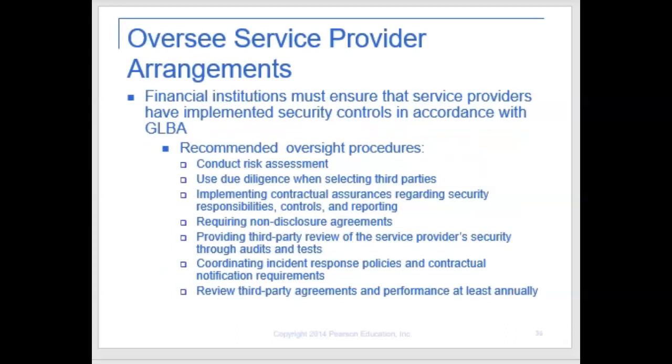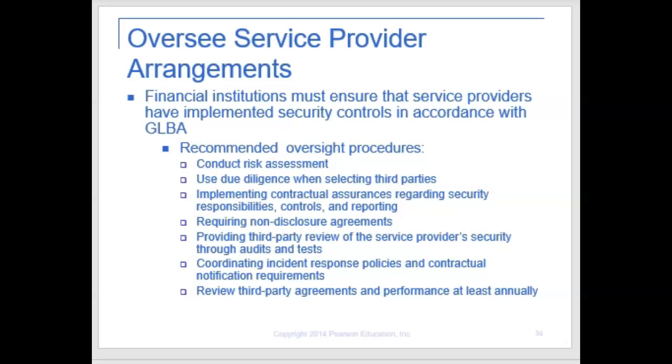Now you want to oversee, of course, any service provider arrangements, any third-party arrangements, and the interagency guidelines require financial institutions to have service providers implement security controls in accordance with the GLBA.